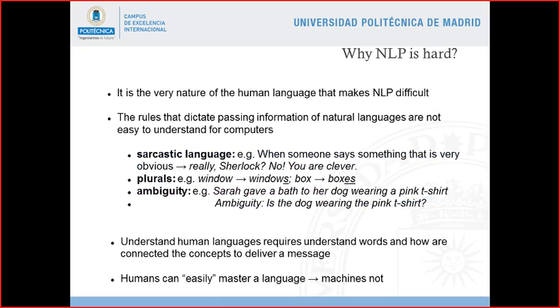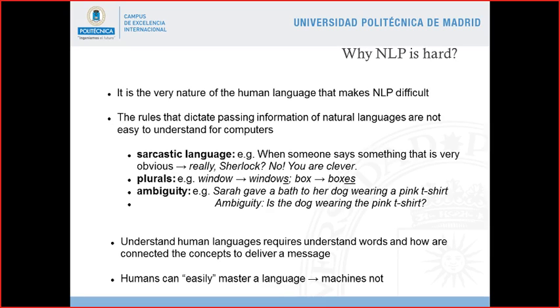So continuing with the presentation, why is NLP hard? NLP is hard due to the very nature of human language. There are rules that dictate how information is passed in natural language that are not easy to understand for computers. For example, sarcastic language, when you say something that means the opposite.